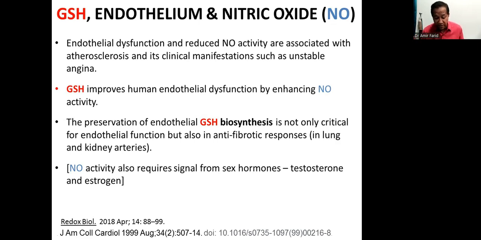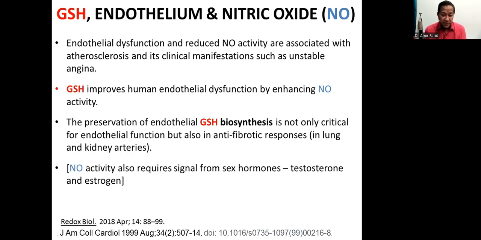That's when you have regular angina or chest pains. Glutathione improves human endothelial dysfunction by enhancing nitric oxide activity. You must know that nitric oxide is actually a gas in its natural form. It has many functions apart from dilating the blood vessel. Our immune cells use it to fight bacteria and possibly viruses as well.